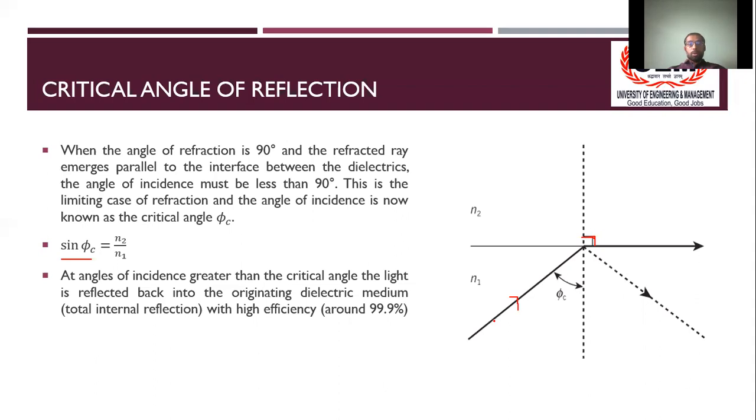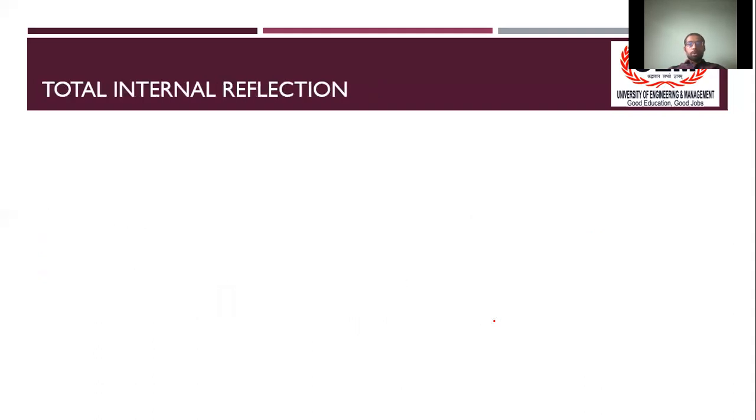Okay, so to propagate light through the core medium, we need to maintain a critical angle, which will allow the light to reflect back and forth inside the core region, and it will reach the receiver side.